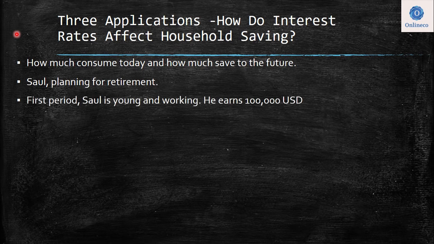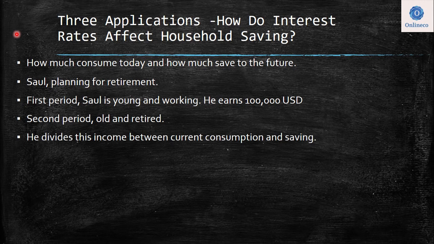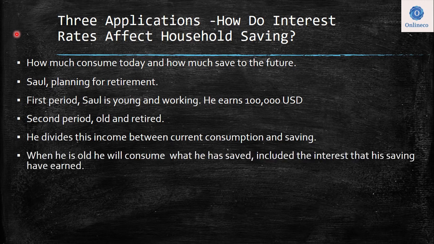In the first period, Saul is young and working, and he earns $100,000. In the second period, we assume that he's old and retired. So he divides his income between current consumption and saving. When he's old, he will consume what he has saved, including the interest that his saving has earned.